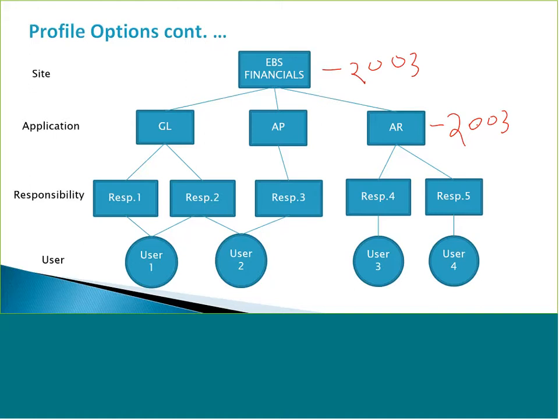Let me just clarify one thing for those who are watching. Now, when Victor says, for example, user 1 will be able to see the 2003 Excel version, what he means is this. Let's say, for example, you are trying to load values into the system in the General Ledger module, and you're trying to use the journal wizard, okay, which is through Excel.